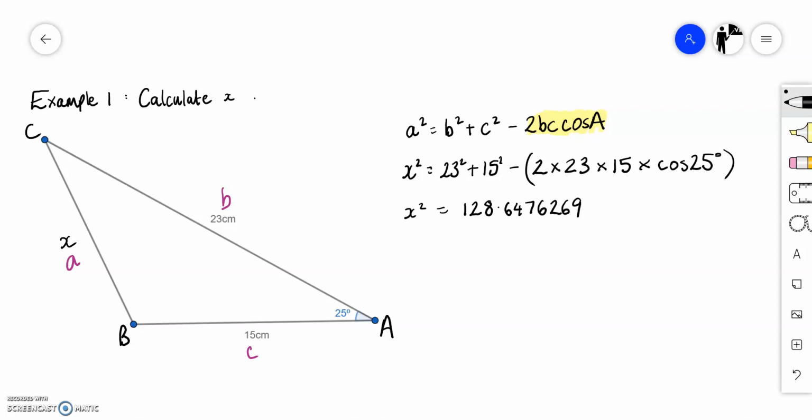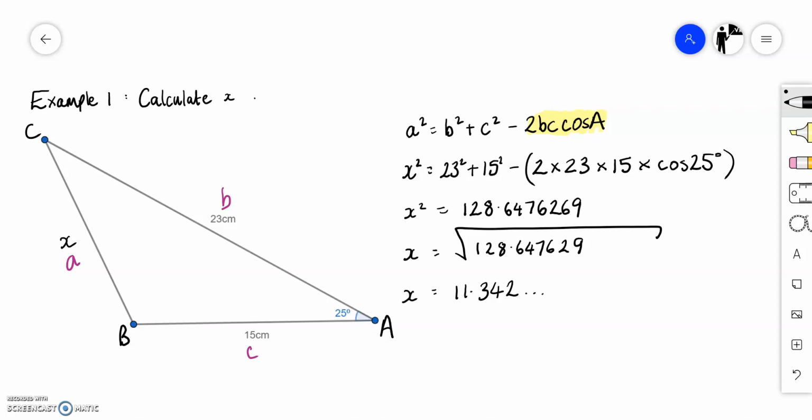We want to work out x, so we're going to need to take the square root. At this stage, instead of clearing your calculator, I would just do square root and then press my ans button. That's going to be 11.342 and so on. To one decimal place, let's call that 11.3 centimetres.